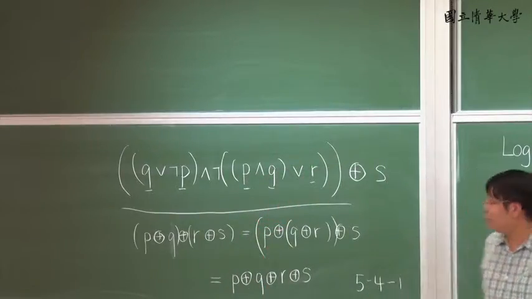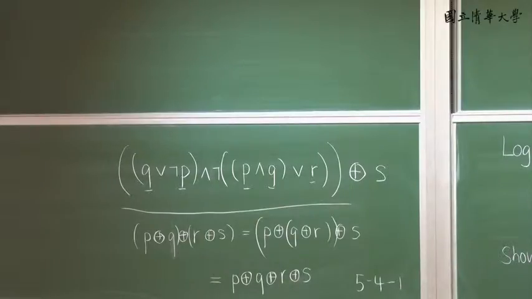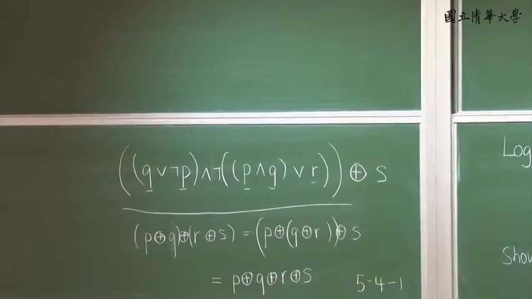Not just exclusive OR, AND is also the same. If you have a bunch of propositions, P and Q and R and S, you can do whichever first. OR is also the same. If you have something like P or Q or R or S, you can do P or Q first and then R or S, and then do the results together.